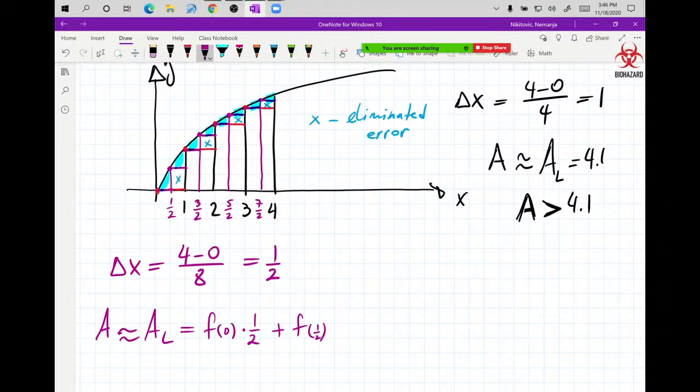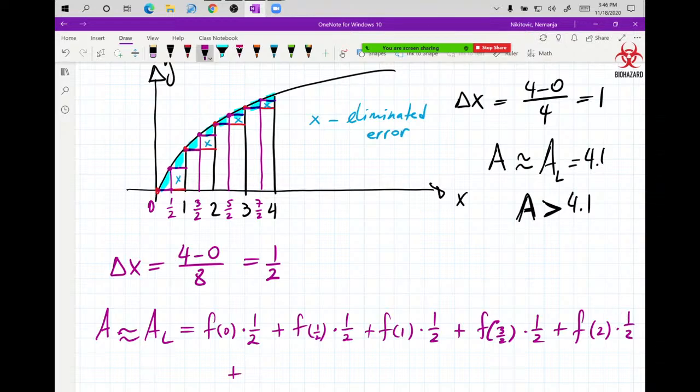So f of 0 is the first one, then the half is the next one, times 1/2 delta x, plus the height of the next one is 1, so f of 1 times a half, plus f of 3 halves, that's 1.5, times 1/2, plus f of 2 times 1/2, plus f of 5 halves times 1/2, plus f of 3 times 1/2, plus, kill me now, f of 7 halves times 1/2.